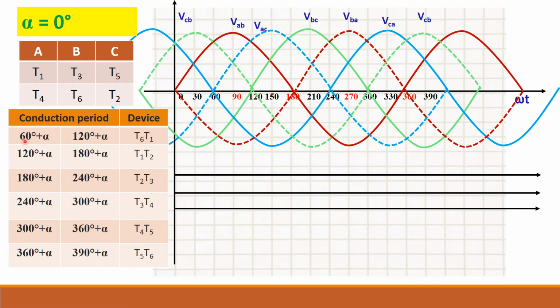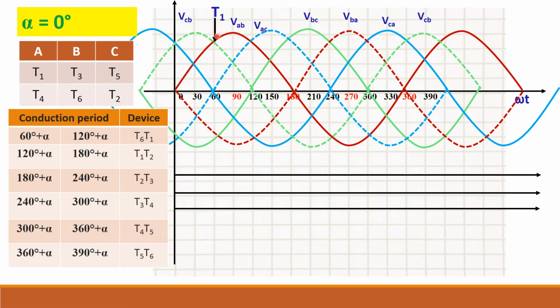So here you have to give the alpha from 60 degree only. Why 60 degree? You take the VAB waveform. This will be more positive compared to other waveforms only at this 60 degree. So always you should give triggering pulse only after 60 degree.